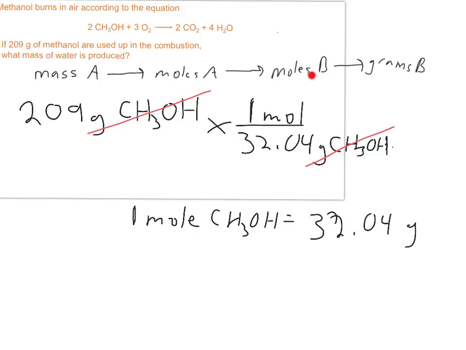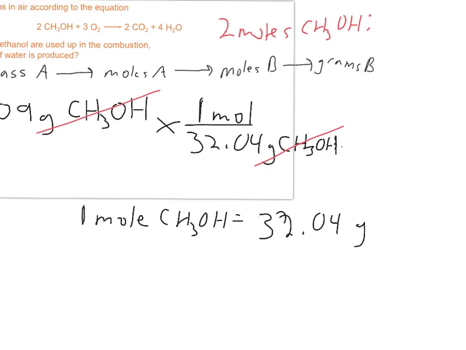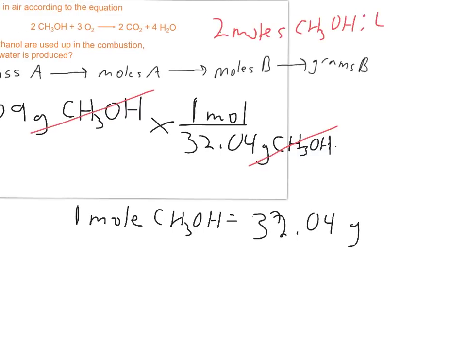moles of A to moles of B. In our question, moles of methanol to moles of water. So the molar ratio that's correct to use is we've got 2 moles of methanol per 4 moles of water.